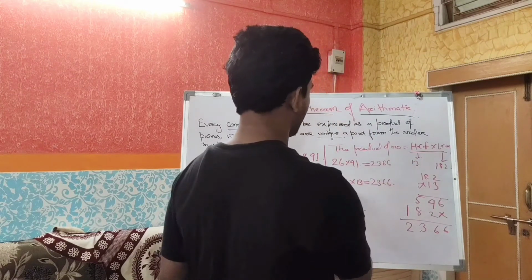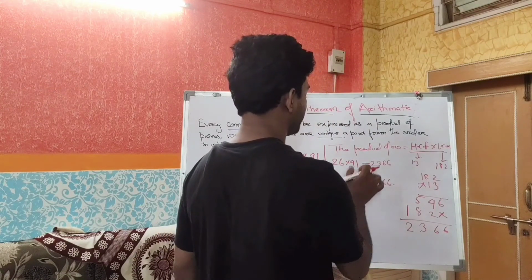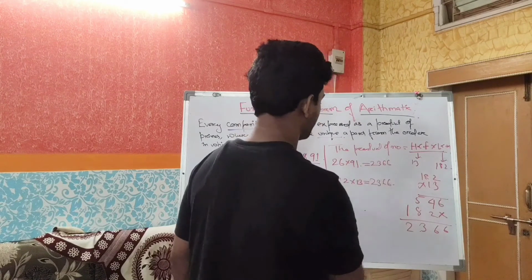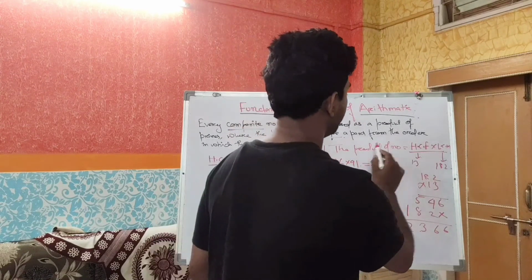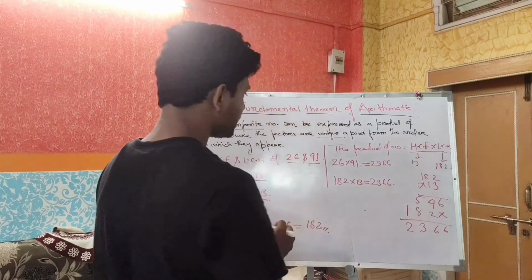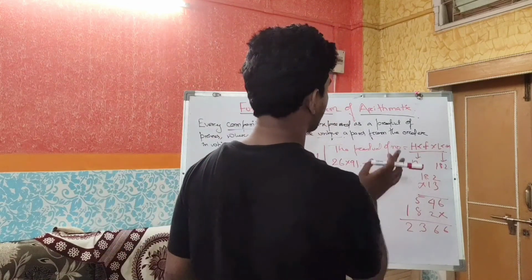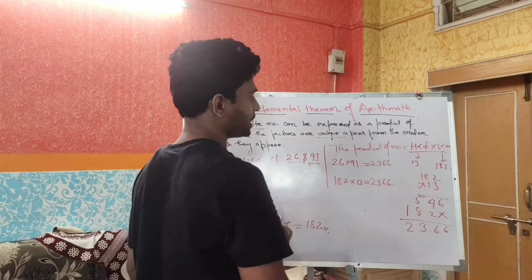So the product of the HCF and LCM is the same as the product of these two numbers. We have successfully verified this relation, and this relation is true for every two numbers.